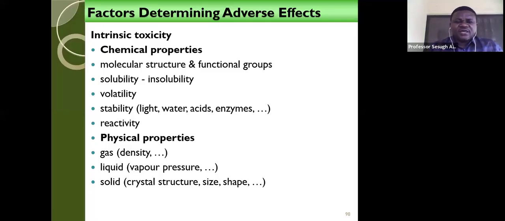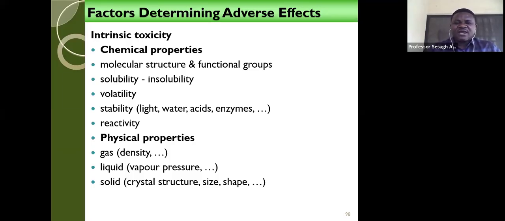So here, it has to do with some properties like the molecular structure, okay? The molecular structure of the chemical, the kind of functional groups that are attached or are found in that chemical. I told you the other time that if you have a chemical that has a lot of chlorine, it will take time before it will be broken down, so to speak.